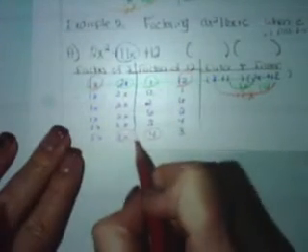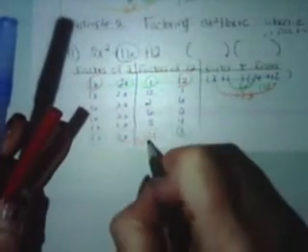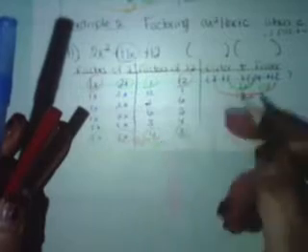Like, I can look at these inner terms right here, and I know that 4 times 2x gives me 8x. And if I look at my outer terms, I can see 1x times 3 gives me 3x. When I add those together, I get 11x. So there's your correct factorization.